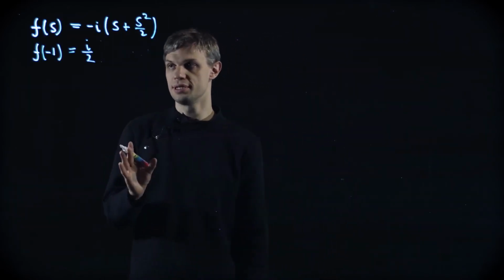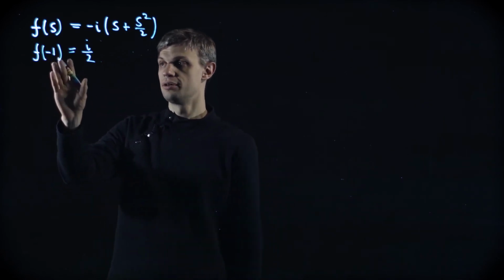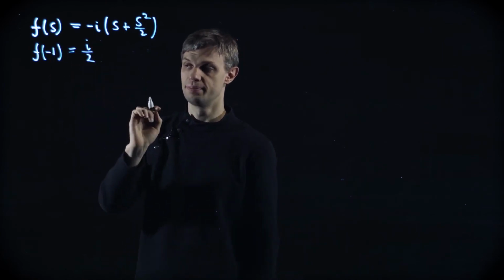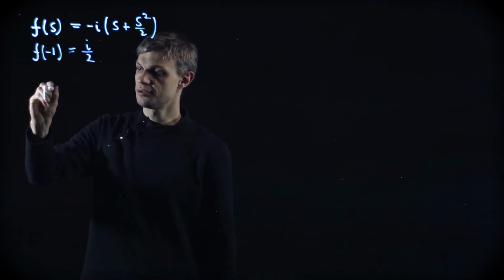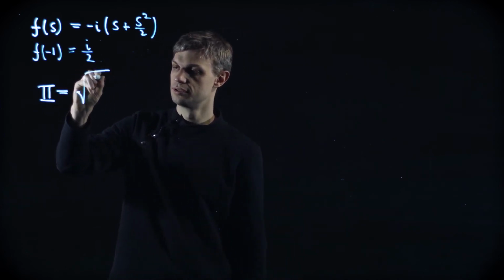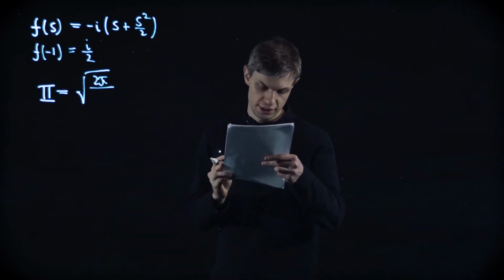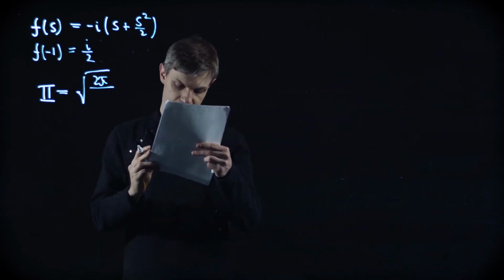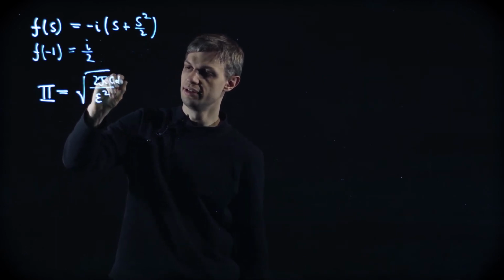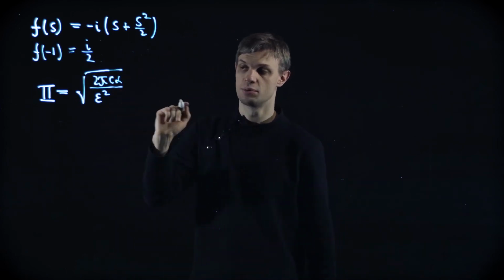And now we have all the ingredients to write down the second asymptotic for our second part integral. So here is our value of f function. It's taken at saddle point -1. It's i by 2. And the integral itself has this classical form, square root of 2 pi over our large lambda parameter, which is epsilon squared over C alpha. The modulus of f double prime is 1.